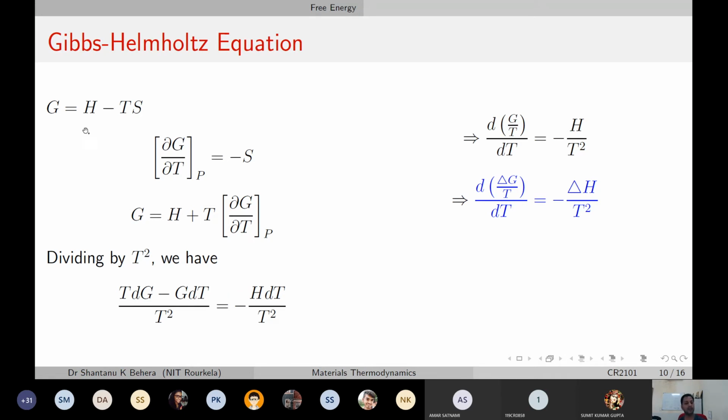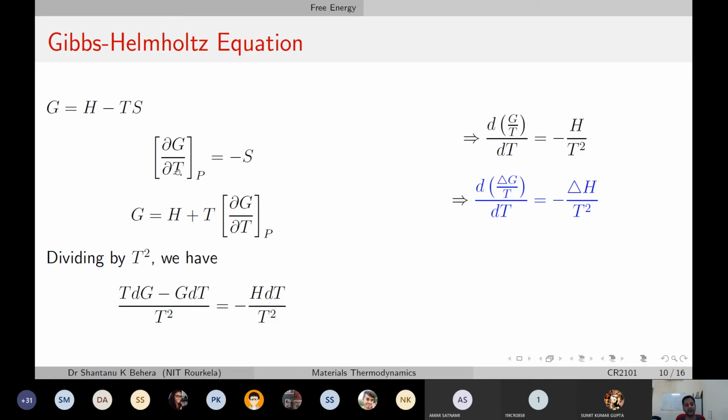Now we can write G is H minus TS, as you know. But here, instead of entropy, we put its energy function. You know that dG is VdP minus S dT, and when you do the process at constant pressure, then VdP becomes 0 and dG is left with minus S dT.